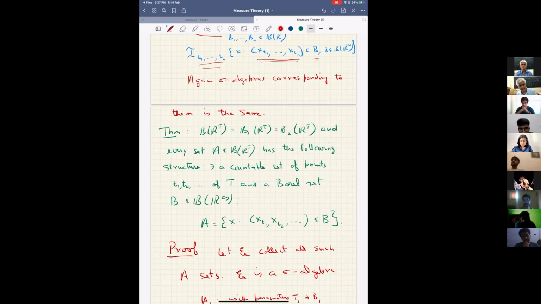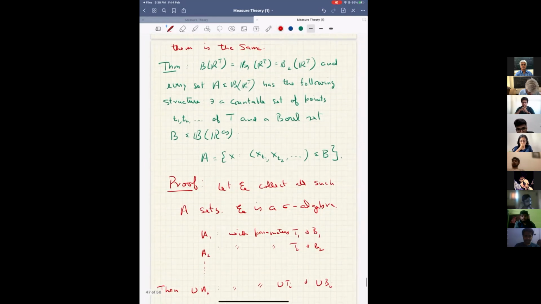And then I'll show that each set A belongs to B(R^T), so then the two sigma algebras are equal. My sigma algebra contains all these points, and it's at least as big as B(R^T), but all of these points are in B(R^T), so it's equal to B(R^T). So everybody with me on this? Okay.